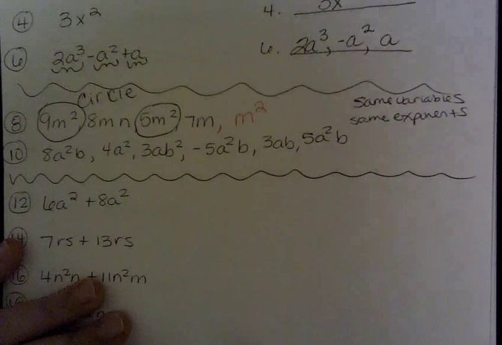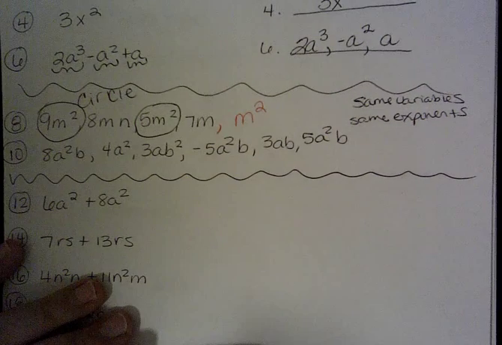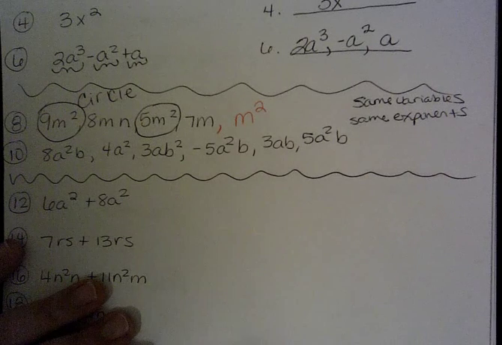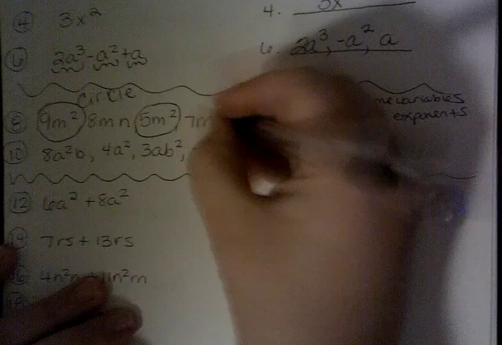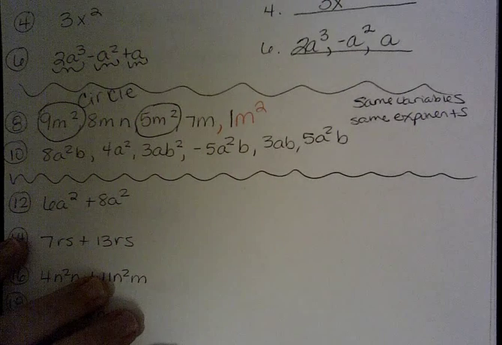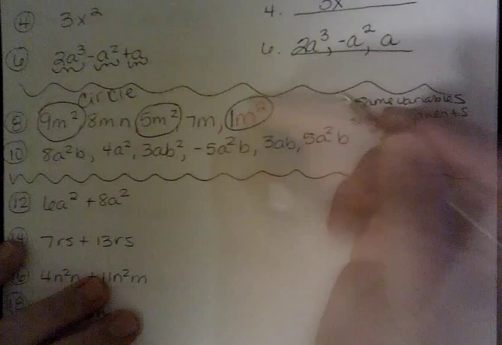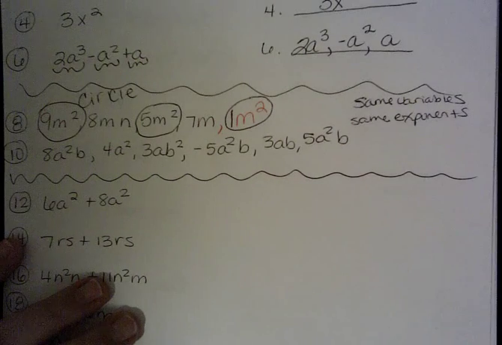But you have to think to yourself, what number is understood to be in front of a variable if it's not written? The understood number is a 1. Now it looks like all the other ones. It has that number in front. It has the m squared. So if this had been a part of the problem, you would have included that m squared as well.